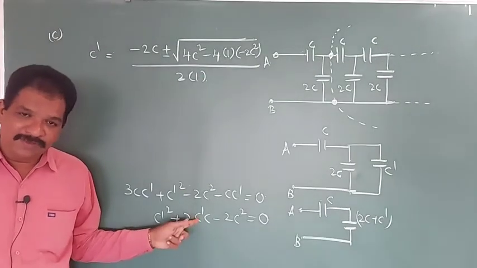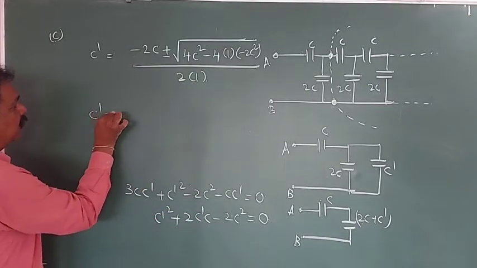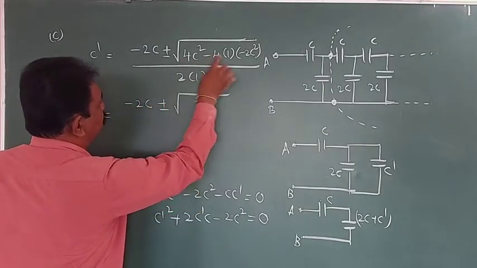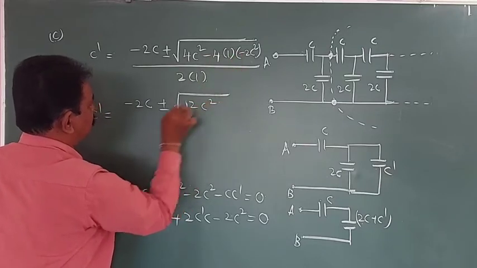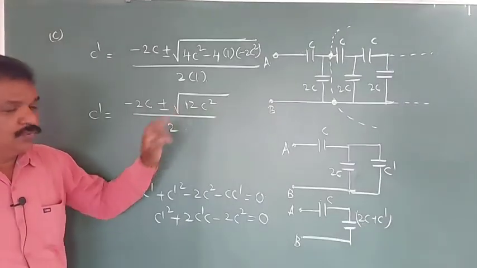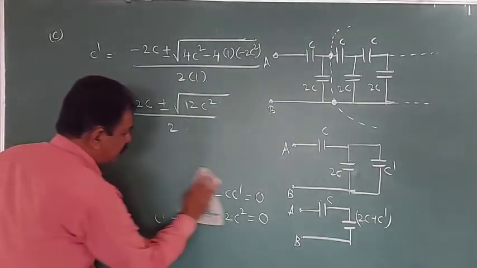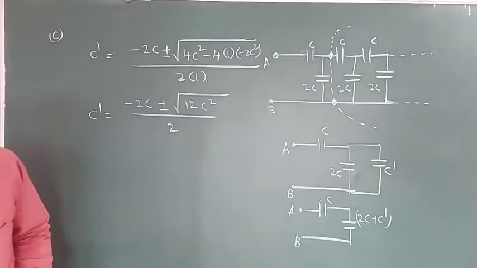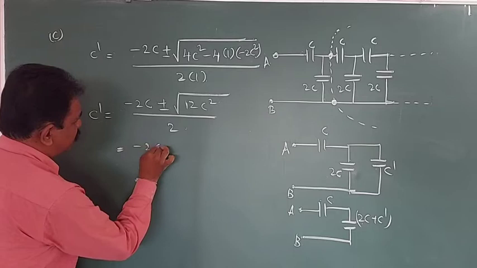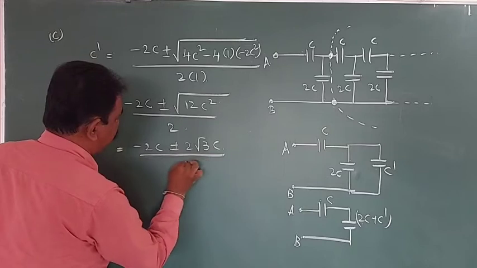Understanding? Already you did so many models like this using these formulas. Then C dash is equal to minus 2C plus or minus square root of 12C square by 2. 12C square means 2 root 3C, like that we can write. So the value is minus 2C plus or minus 2 root 3C by 2.